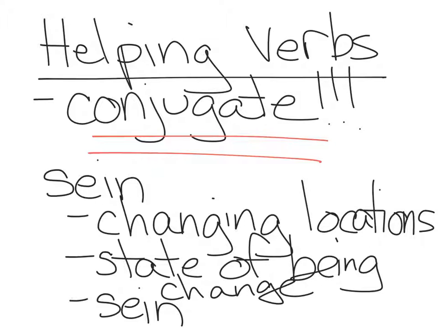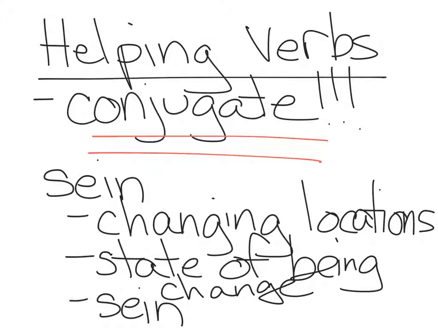There are a few exceptions, and the exceptions are sometimes really strange. Like bleiben. What does bleiben mean? To stay. Why this one is an exception, I don't know. But when you use bleiben in past tense, the helping verb is sein, which is the exact opposite of what the rules are. If you're changing locations, that's the rule, and yet to stay is a sein verb.